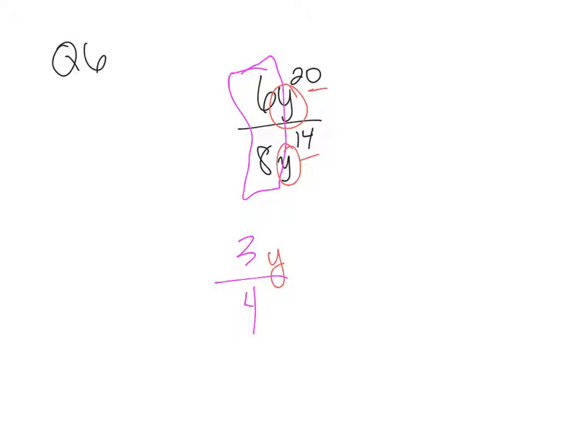So that's going to be y to the 20 minus 14. You're going to leave the y wherever the greater y was. So the 20 is a lot larger than 14, so it's going to remain on top. So your answer is going to be 3y to the 6 over 4.